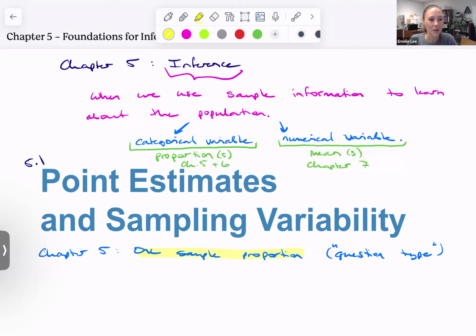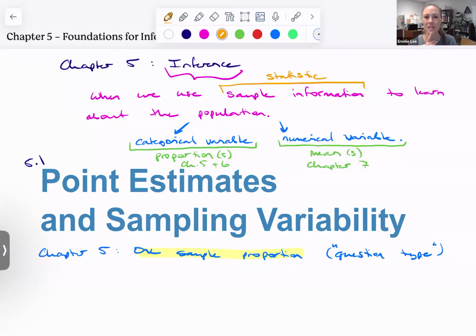Okay, so let's see here. If I'm going to use sample information to learn about the population, remember we had some terminology, right? So sample information, we can use maybe orange. I can use a statistic.